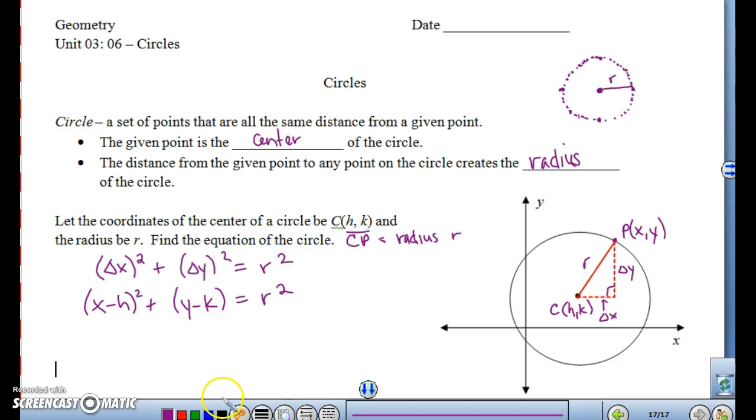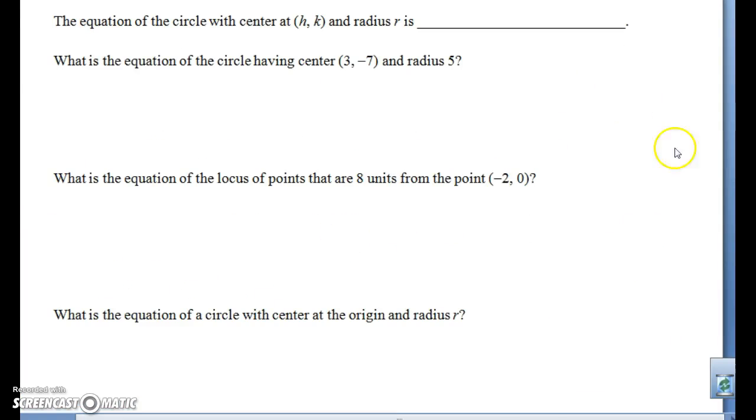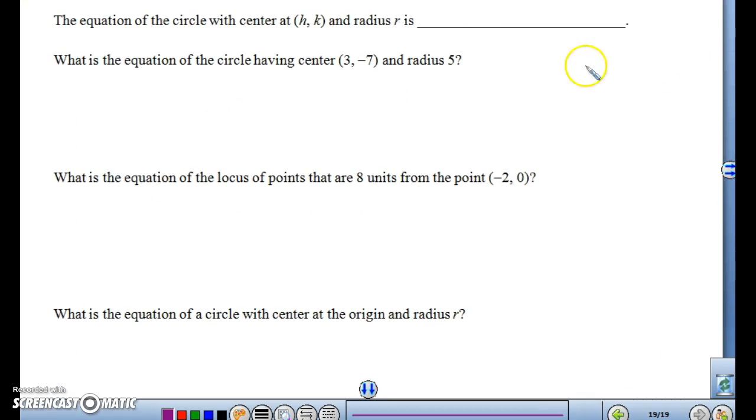So this is actually the formula for the equation of a circle, when you know the center is (h, k) and the radius is r. So if you want to write the equation of a circle with center at (h, k) and the radius of r, the formula is (x minus h) squared plus (y minus k) squared is equal to r squared.